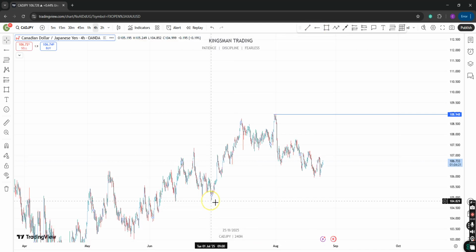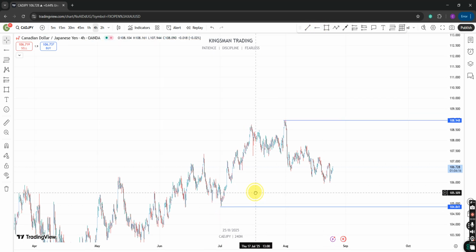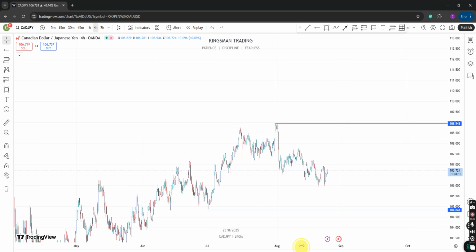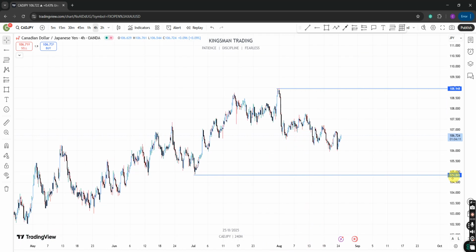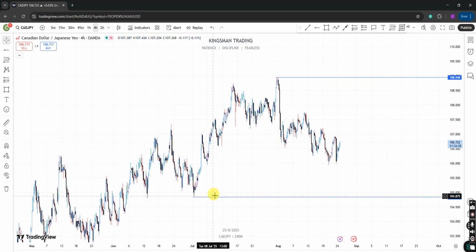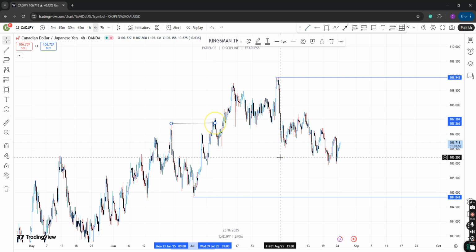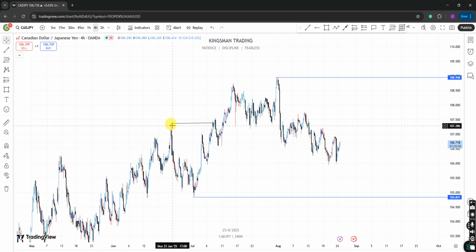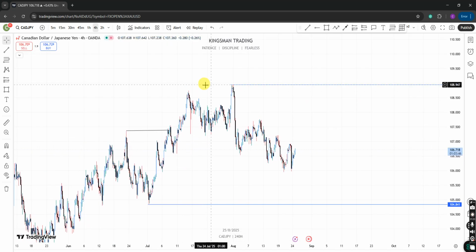Now, why this low is very, very significant is because this low actually sponsored the break of this previous high. As you can see, this was the previous higher high right here before price had this retracement to this point, and then it made this impulsive move and created another new higher high.